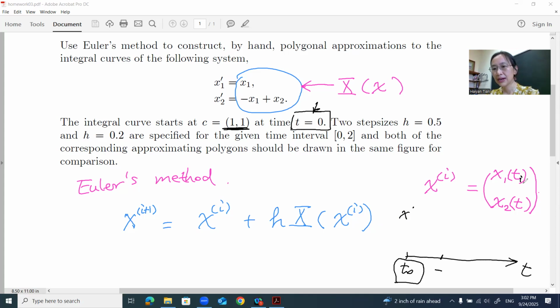So we put the i, that t_i corresponds to the solution x superscript i.